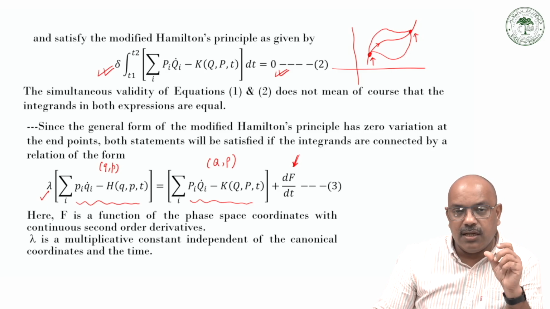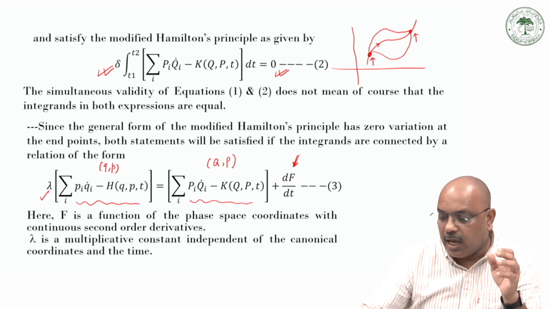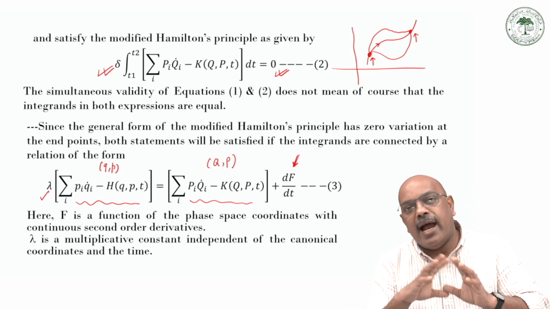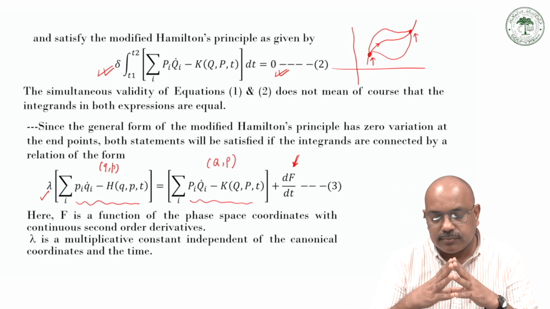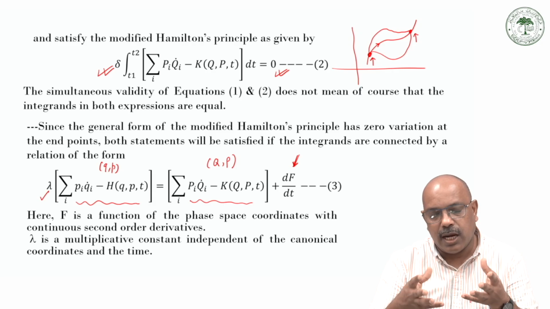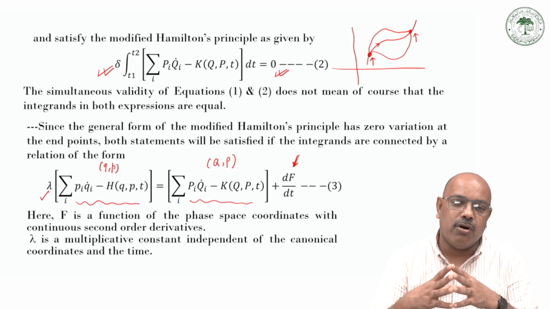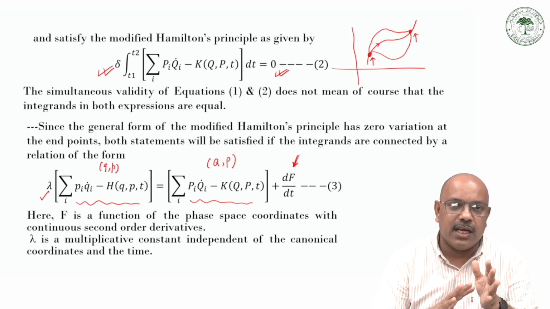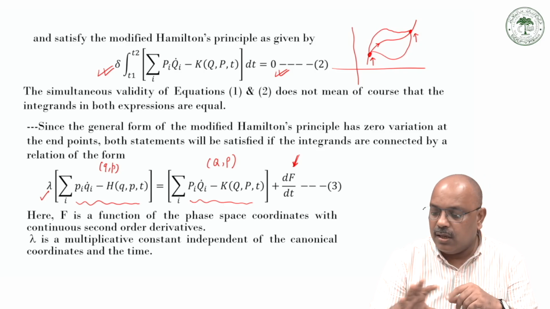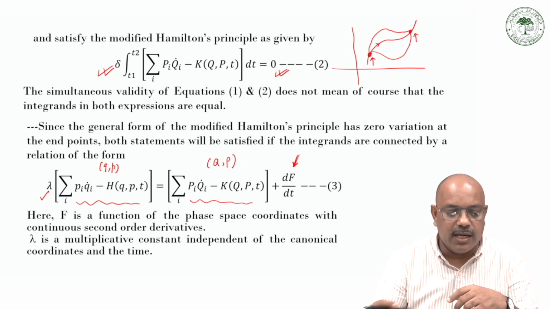And if you remember, we have done the calculation that if you add to the Hamiltonian or Lagrangian a component that is the total time derivative of a function, and the first and second order derivatives of that function are continuous, then the Hamiltonian and Lagrangian are not transformed; they remain invariant.